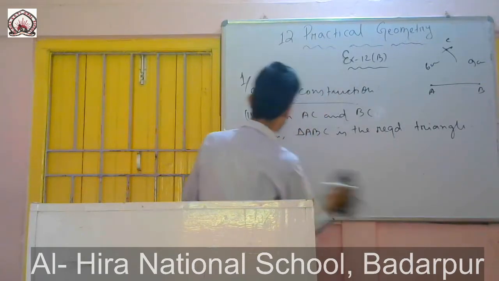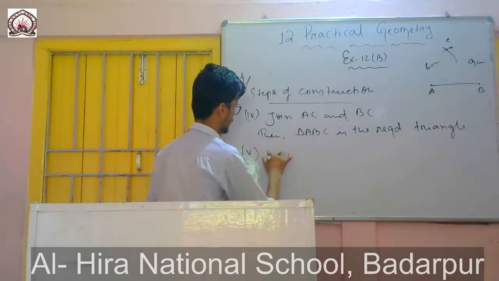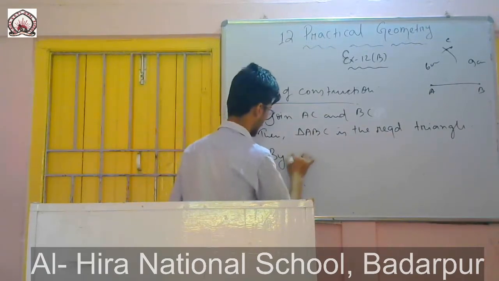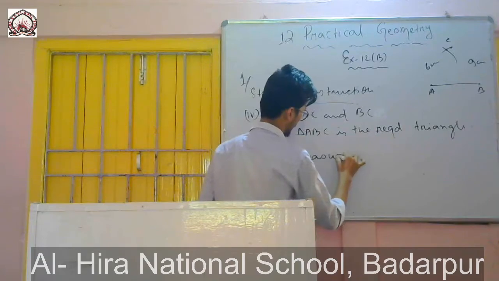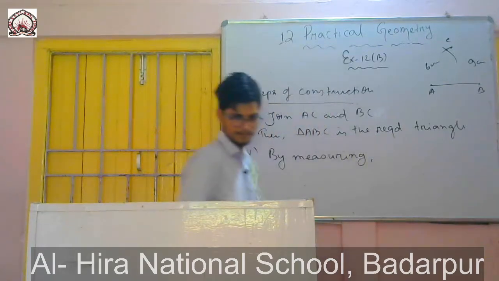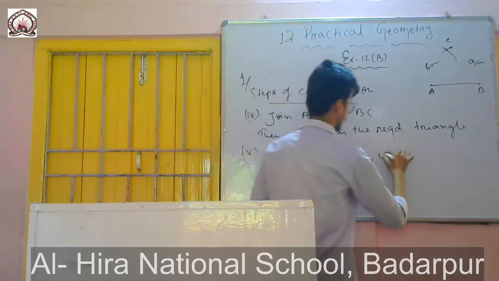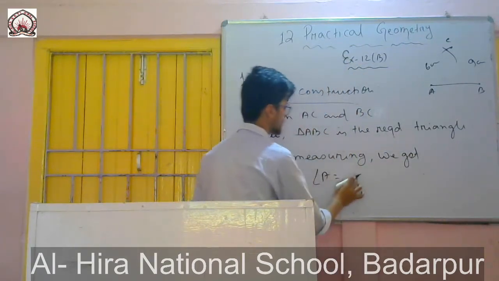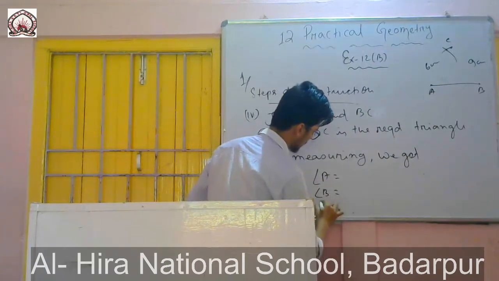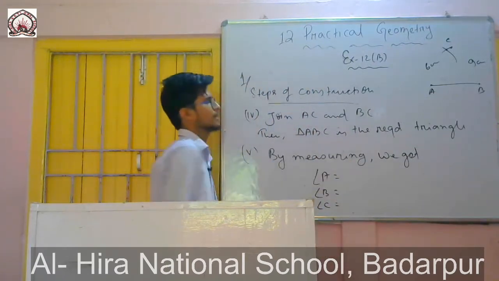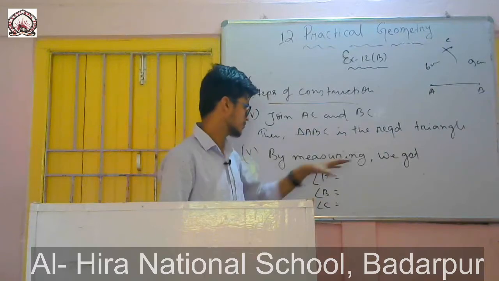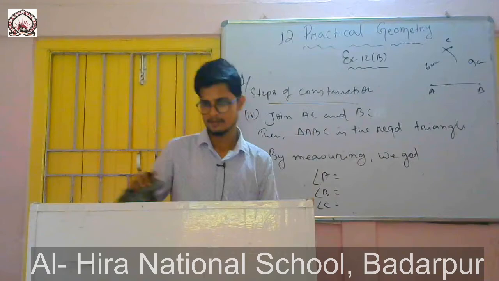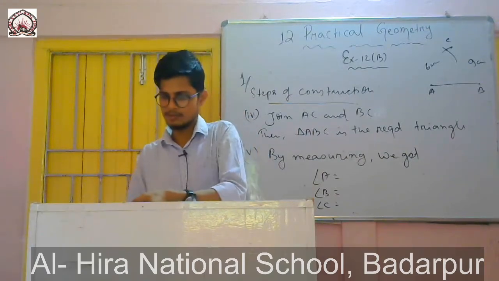Step number 4 will be: by measuring, we get angle A, angle B, and angle C. I have shown how to find them using your protractor. In the same way you measure these 3 angles and write them here. Other questions are also the same.